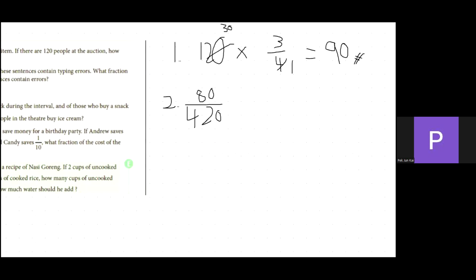So we can write in this fraction form and we'll simplify it to its simplest form. So it will become 4/21 after we divide 2. This will be the answer for question number 2.